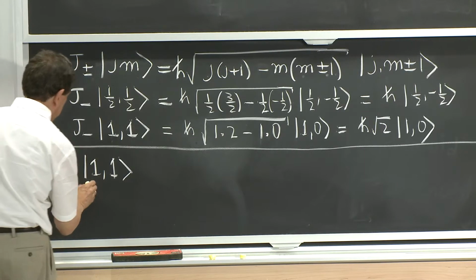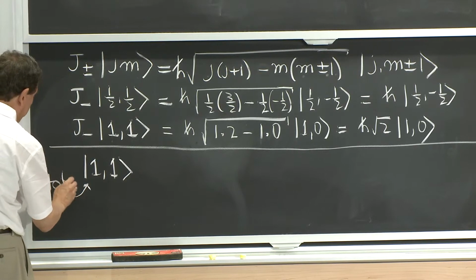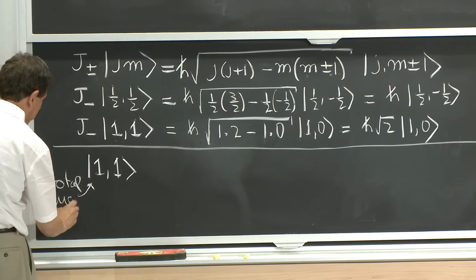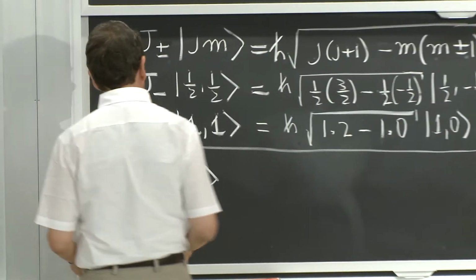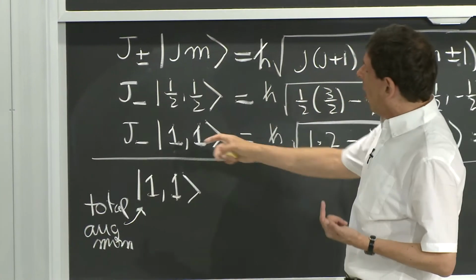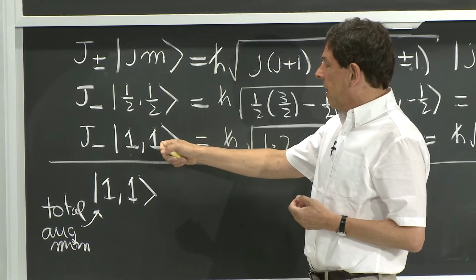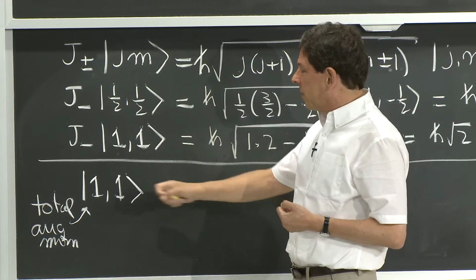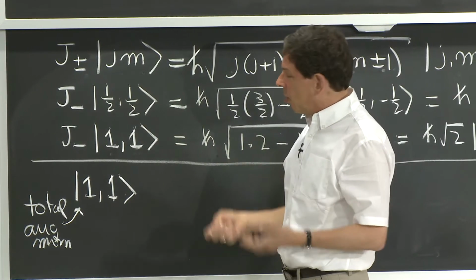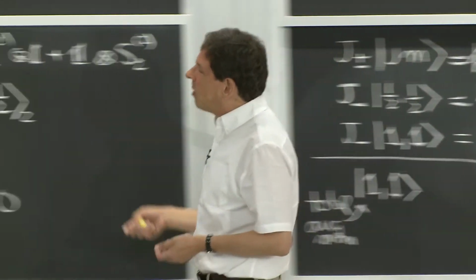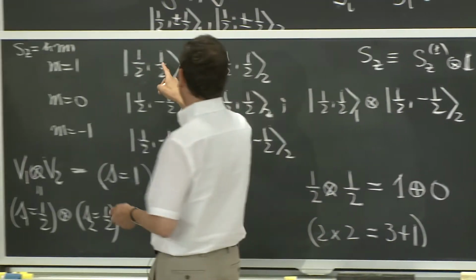These are labeled for total angular momentum. You see, in a multiplet of spin 1, there's only one state with m equals 1, only one state with m equals 0, and only one state with m equals minus 1. So here is the only state with m equals 1.